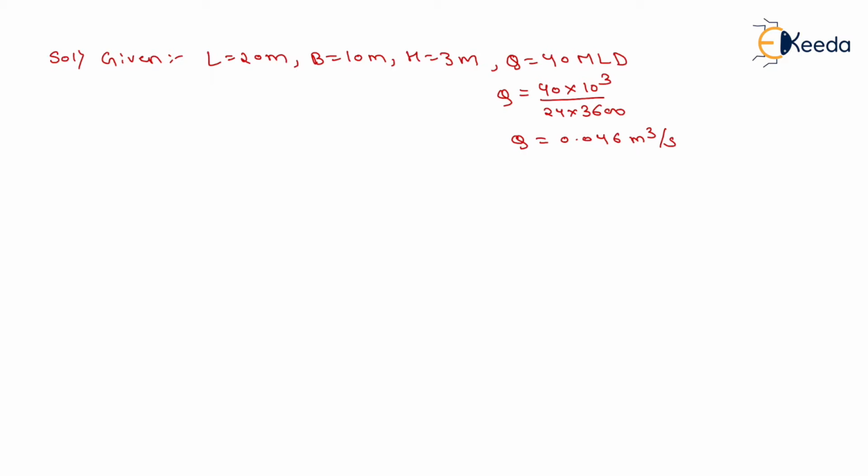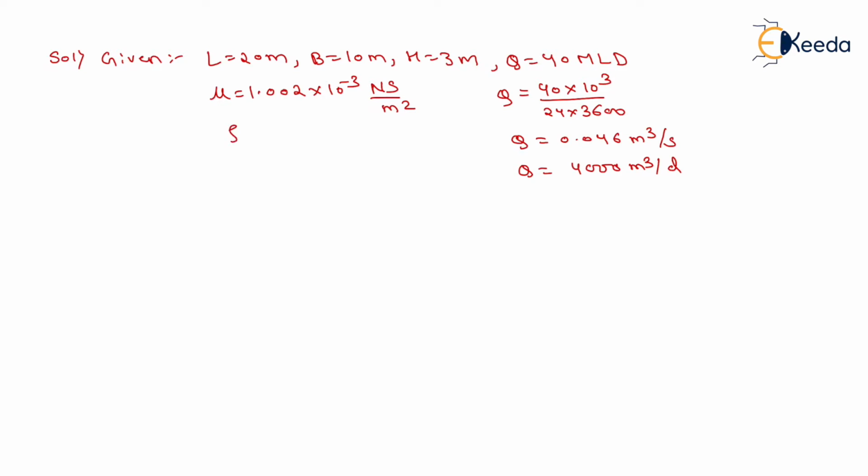Clear to all? Okay. And if we want this discharge in meter cube per day, it will be equal to 40000 meter cube per day. Clear? Now what else is given in the question? Mu is 1.002 into 10 to the power minus 3 Newton second per meter square.